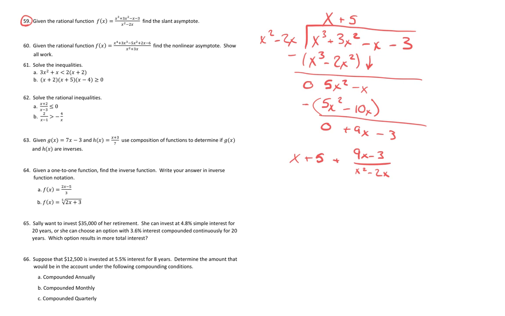So as x becomes large, this is basically 0, and it's as if we just had this. That's why it's a slant asymptote. So our slant asymptote is y equals that extra portion that we were able to pull out from the numerator.